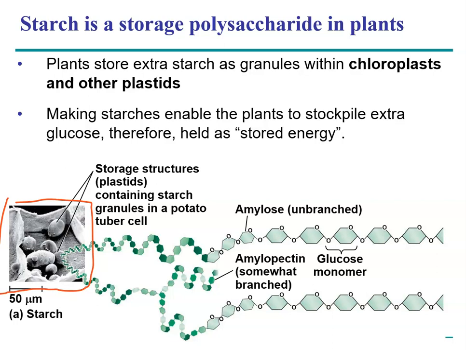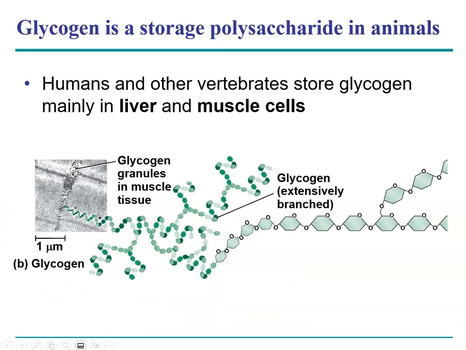Animals don't store their excess food as starch. We have a different polysaccharide, and that is glycogen. Humans and other vertebrates store glycogen mainly in our liver and muscle cells. Looking at the molecular depiction here, it's very similar in that it's a bunch of monosaccharides covalently bonded together, forming this very, very long, complex structure.